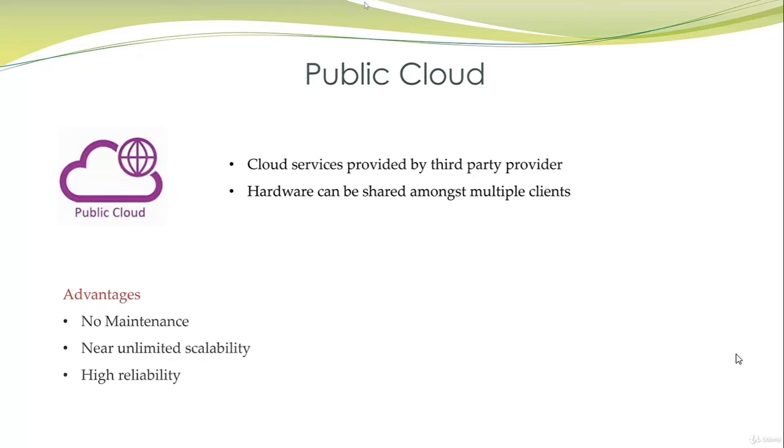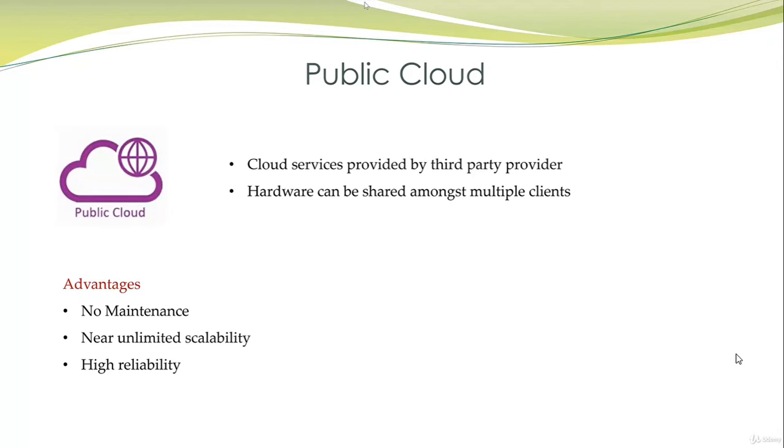So in this case, your service provider provides the maintenance and you don't have to worry about it. You have near unlimited scalability. On-demand resources are available to meet your business needs. High reliability. A vast network of servers ensures against failure.